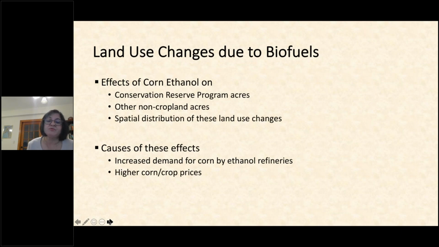How much of this was the direct effect of corn ethanol refineries creating more demand for corn in their immediate vicinity and creating an incentive for farmers to switch land from other crops to corn to supply those refineries? How much was because of the overall increase in corn and crop prices that you saw in the first graph, that more broadly led to incentives for increasing land under crop production because it increased returns to land? Next slide, please.